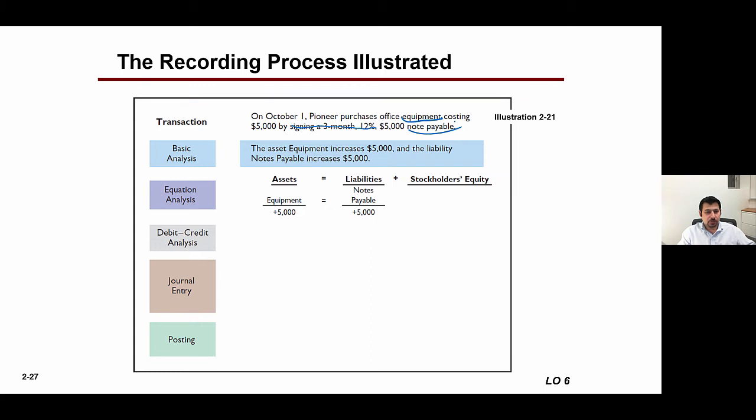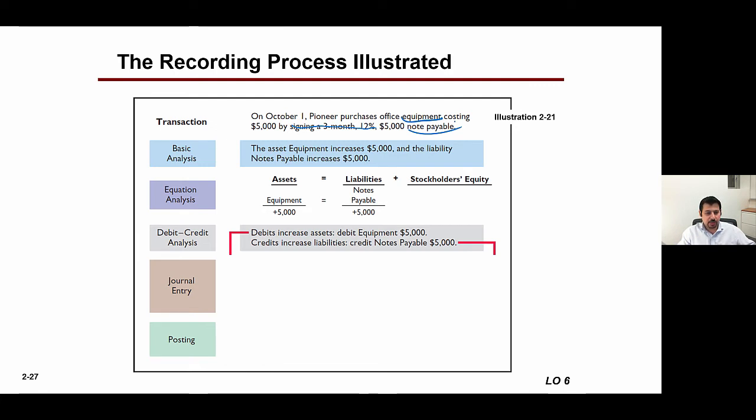As a result, we know that when there's an increase in an asset, we debit the account. So we debit equipment 5,000, and liabilities, when they increase, we credit the account, so we credit notes payable 5,000.